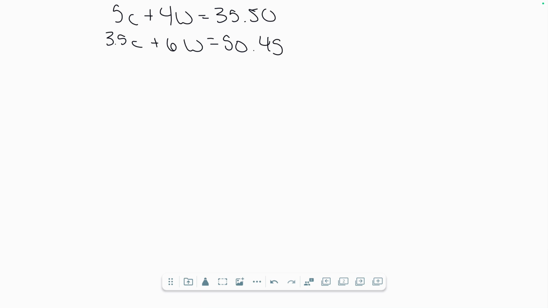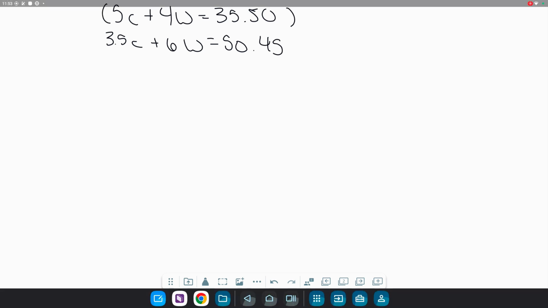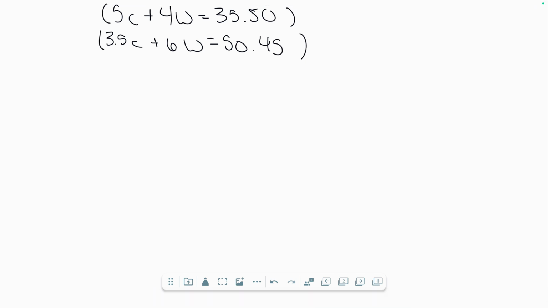To each his own when it comes to this next step. I think it's always easiest to multiply by just what that corresponding number is, so multiplying the first one by 6, multiplying the second one by 4. What else could I multiply them by? 3 and 2. Because I know that 4 and 6, I can get to 12. But sometimes I don't want to have to do that work to figure that out.